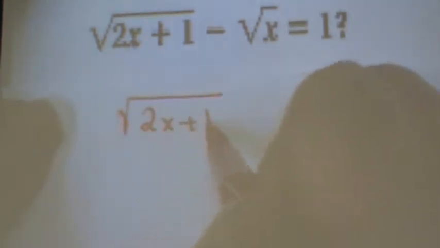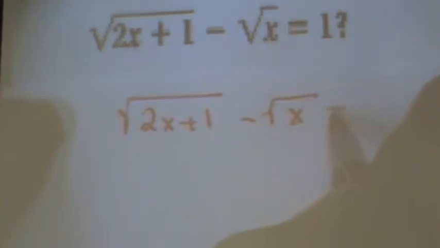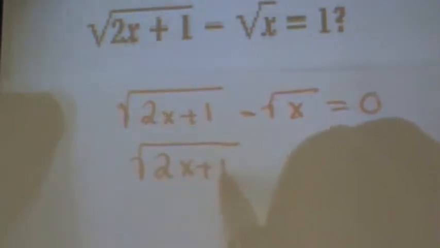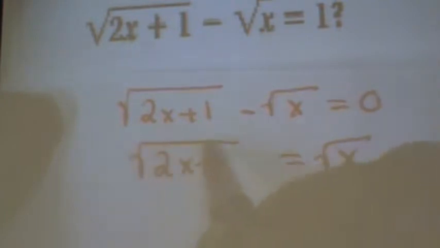Now, if this one were a 0, let's review, because we did these on Friday. If this one were a 0, this would be easy. We would bring this to the other side, square both sides, and this would become a positive x. And now we're going to peel, like if this were an orange, we're going to peel this off and this off.